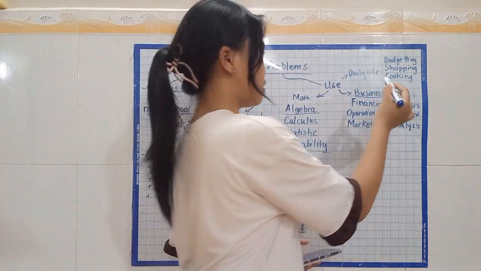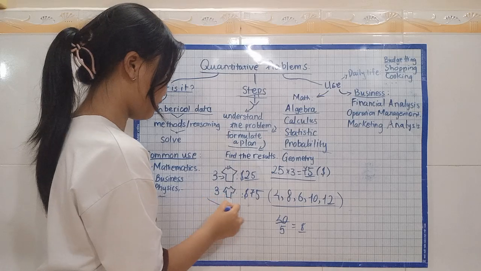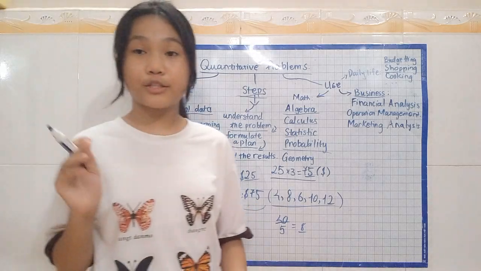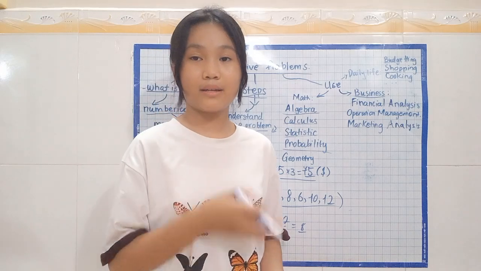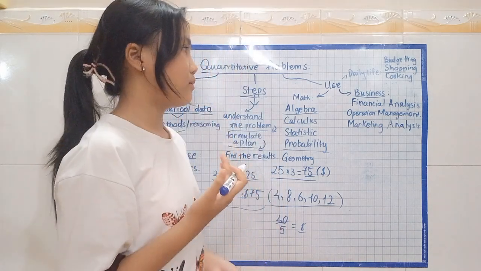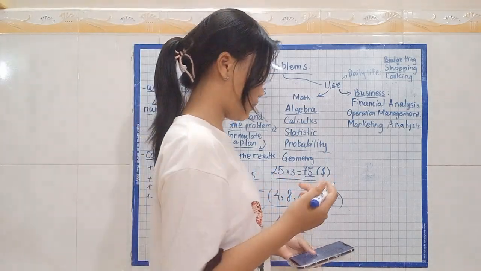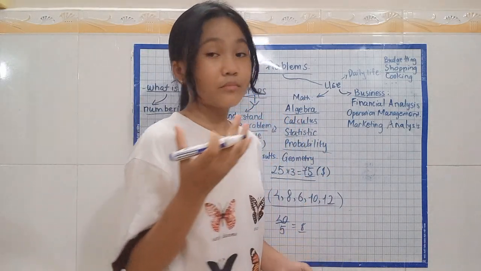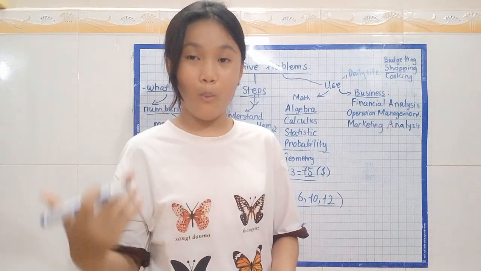Also, we have shopping, which is the example that I showed you earlier. It's also very important because you could use it to calculate discounts or the shopping cost for your checklist. Also, you could use it for things including loans and mortgages.